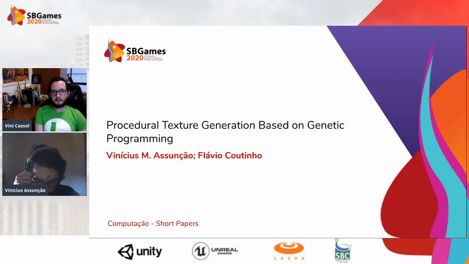Let me think. Maybe I could use other operators. For example, my algorithm represents an image like it uses an image and applies a few operators on it.